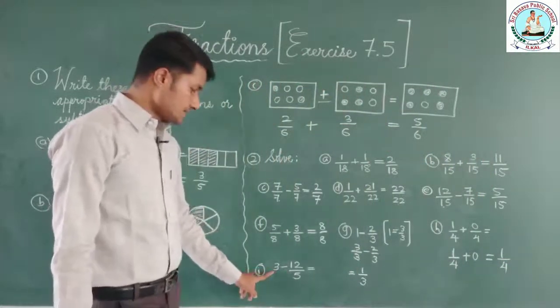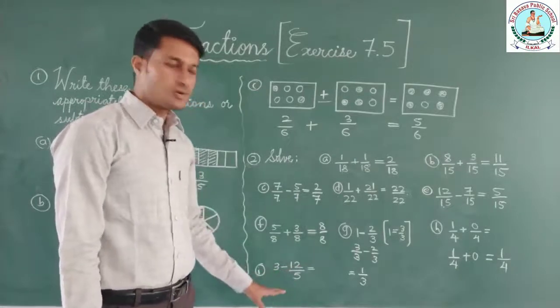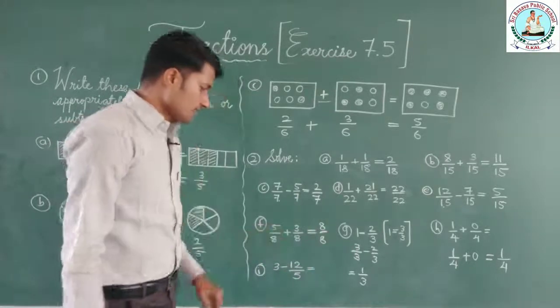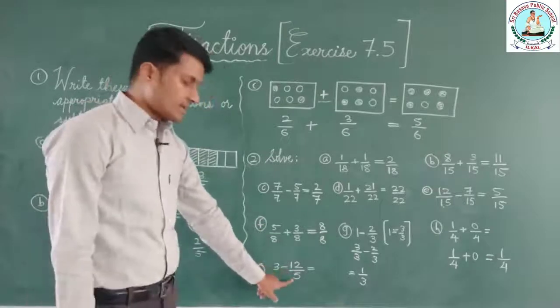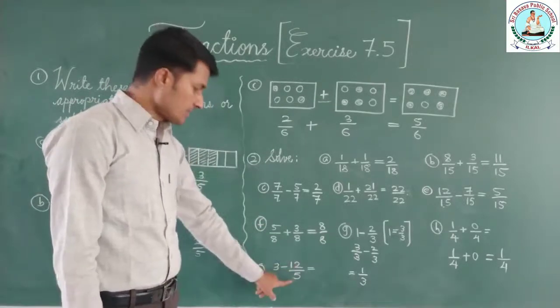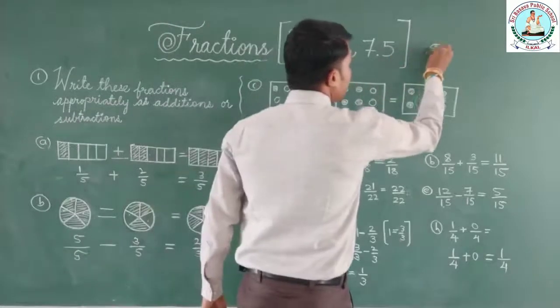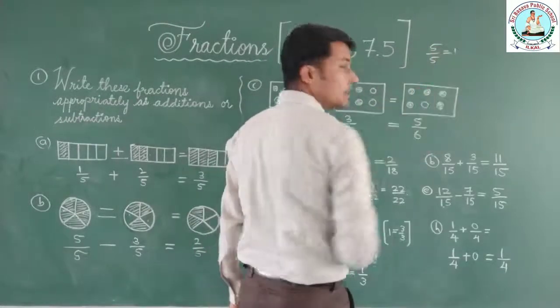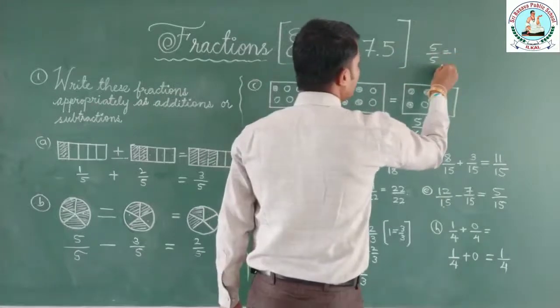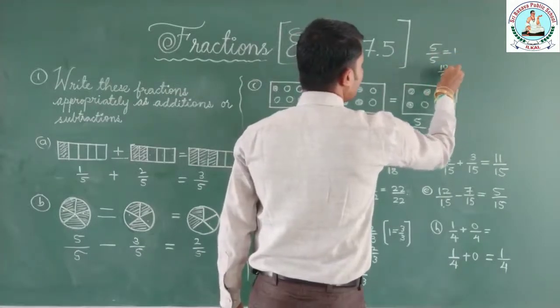Yes, come to this one. As I said, it is 3 minus 12 by 5. We cannot solve this directly. It is very similar to the previous one. We know that the denominator is 5, right? So 12 divided by 5. We know that 5 by 5 can be written as 1, correct? And 10 divided by 5 can be written as 2.